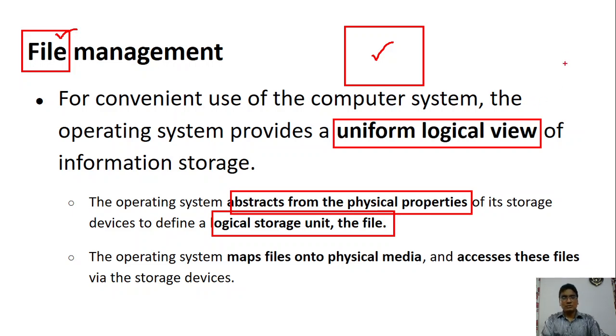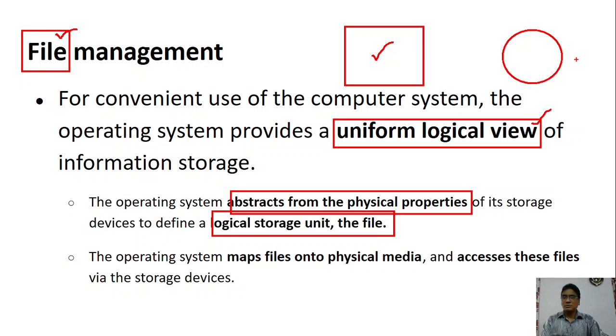So whether it is stored in your disk or in your pen drive, you don't bother about it. You have the device, you tell me where the device is. What type of device, whether it is a magnetic device, optical device, or some other type of device, don't bother about it. You just tell me the name of the file and which device it is on, and I'm going to retrieve it and give it to you.